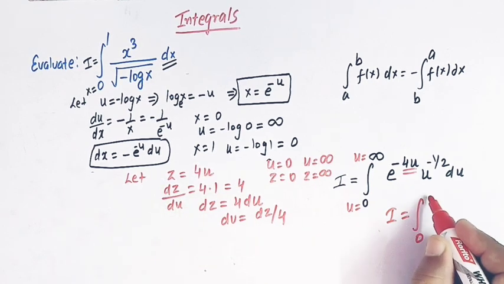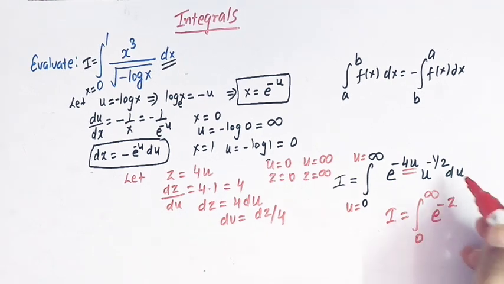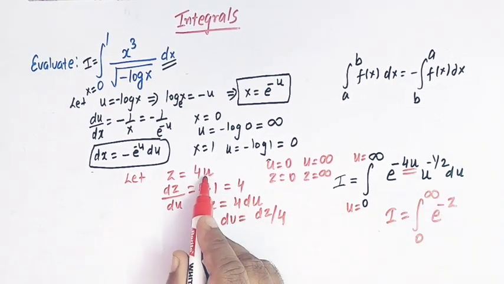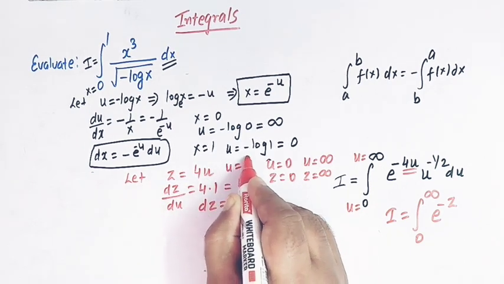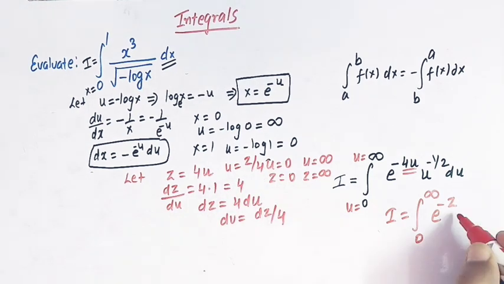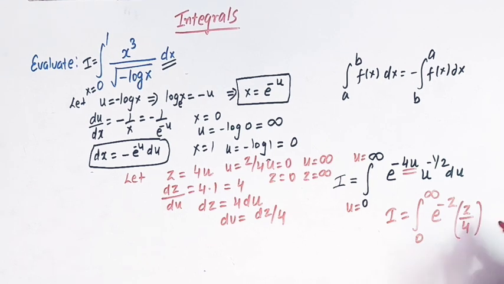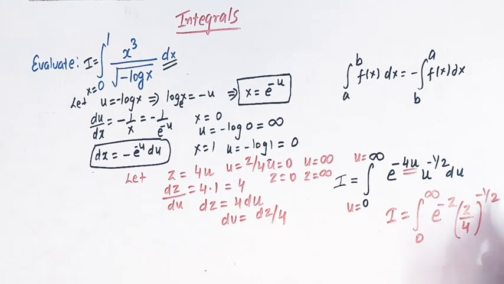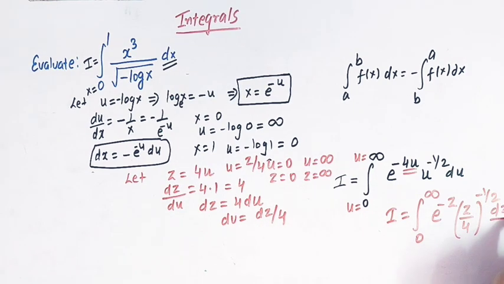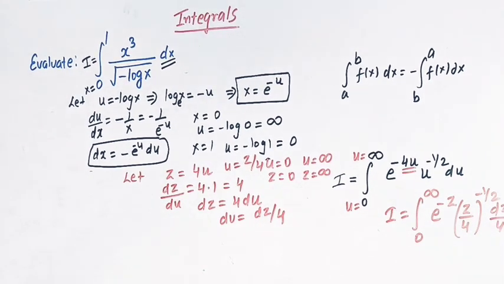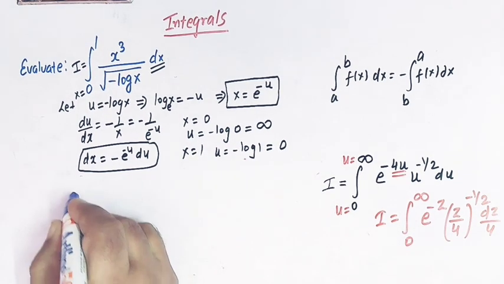So we have 0 to infinity, and here we have e raised to minus z, and u can be replaced by z over 4, right? Because u is z over 4. So now we have here z over 4 raised to minus half, and du can be replaced by dz over 4, right? So now let us simplify this integral, right?